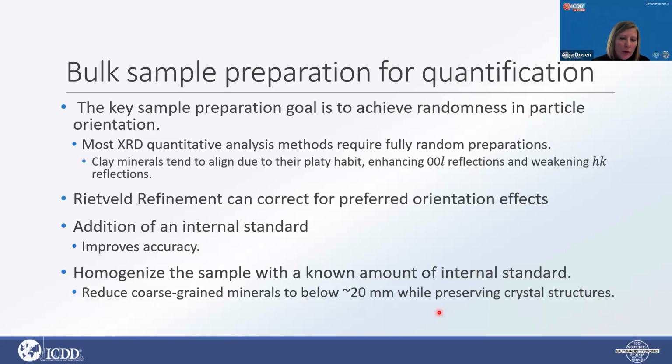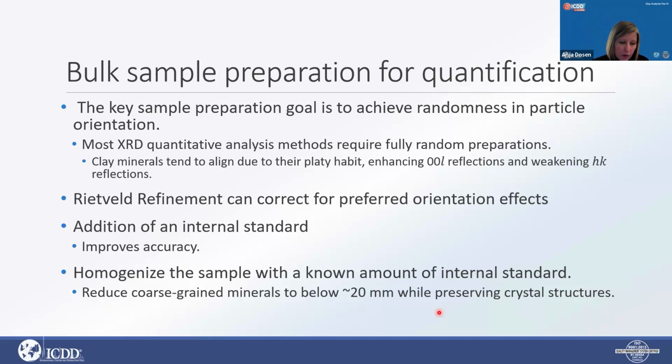And what we want to do is try and follow similar methodologies to clay preparation to achieve this. If the quantification is done using, for example, Rietveld refinement, we can apply corrections for preferred orientation of clay to help us in our quantification.